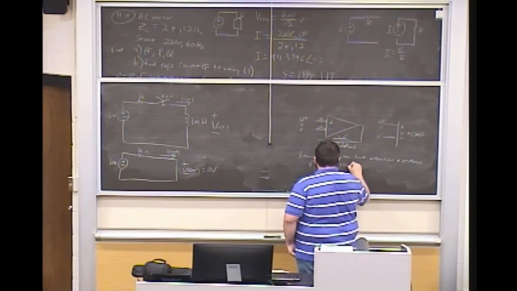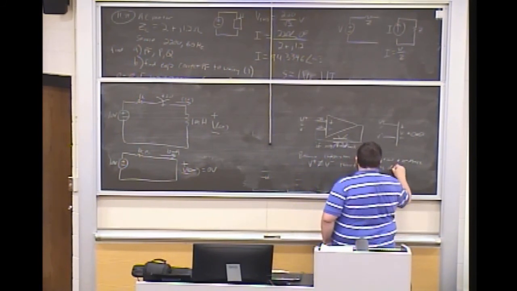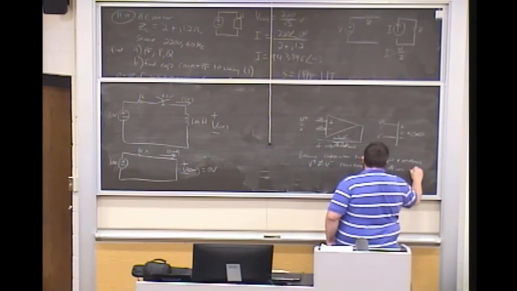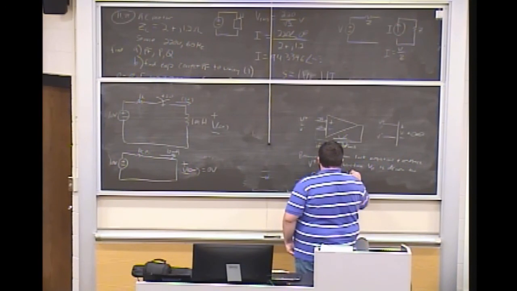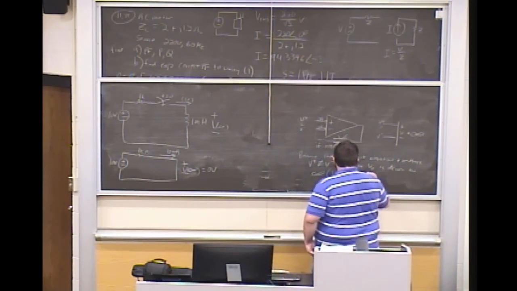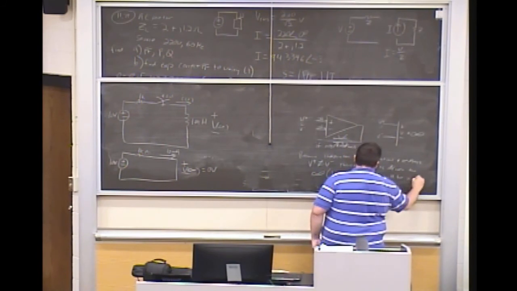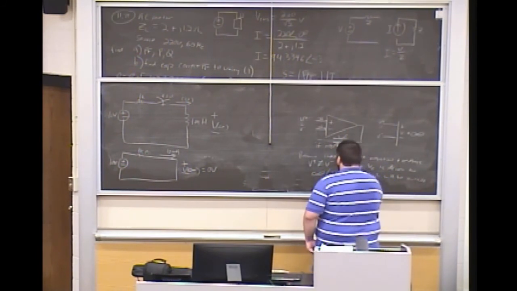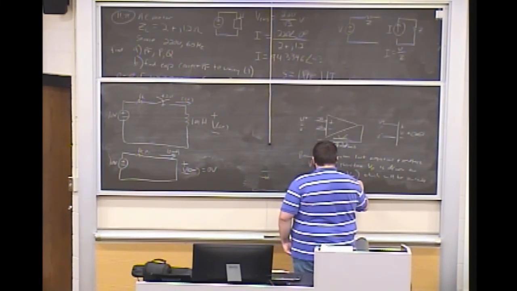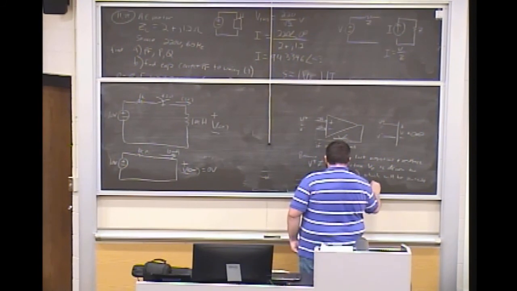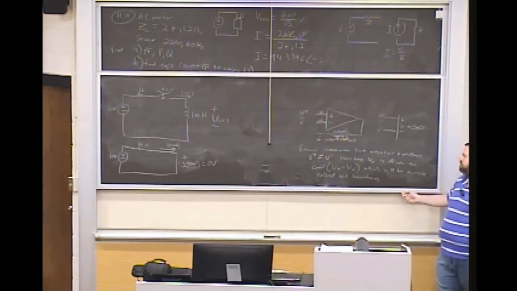Therefore, VO is driven to infinity times V plus minus V minus, which will be outside the voltage rail boundaries. That's the most comprehensive answer.